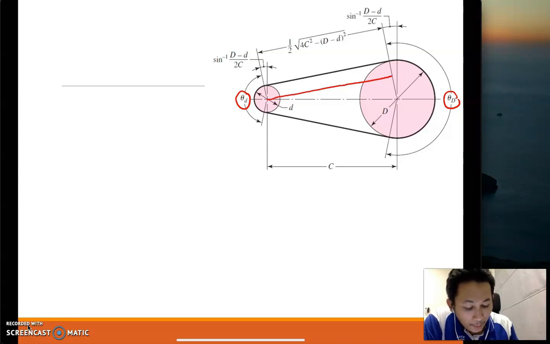We call this angle alpha. If we draw the triangle, we can have alpha here as well.